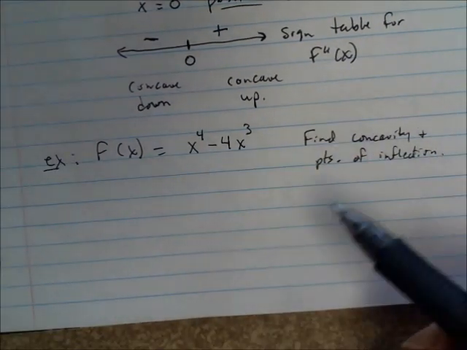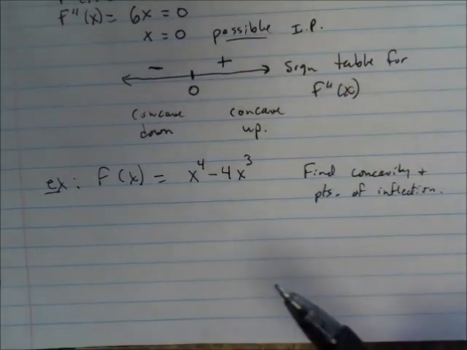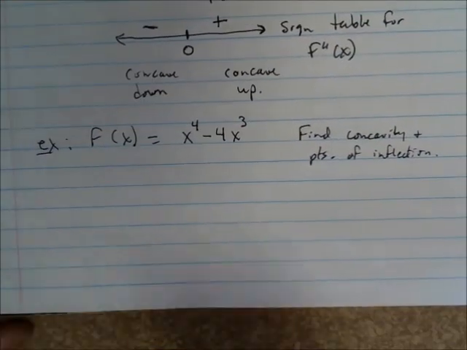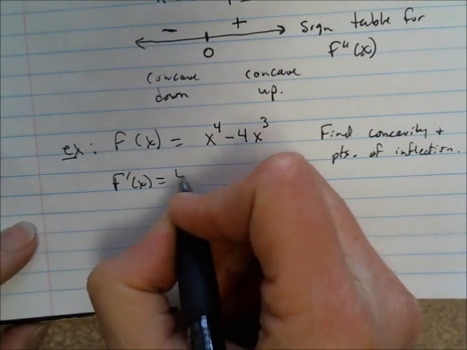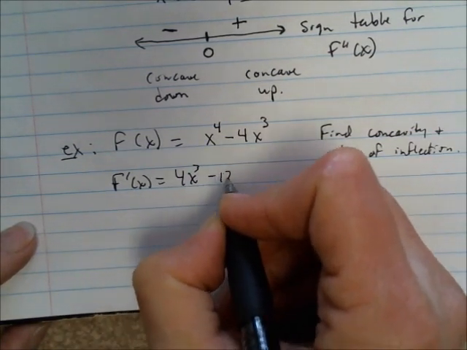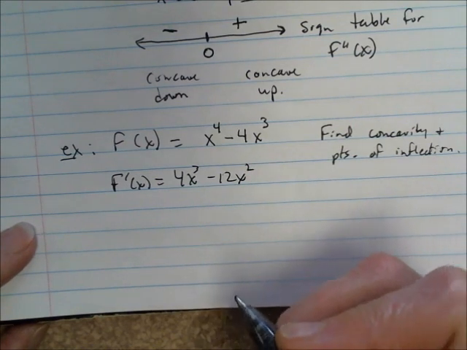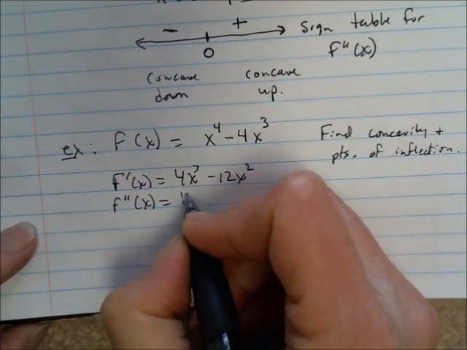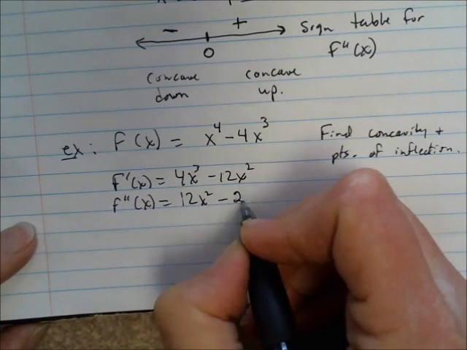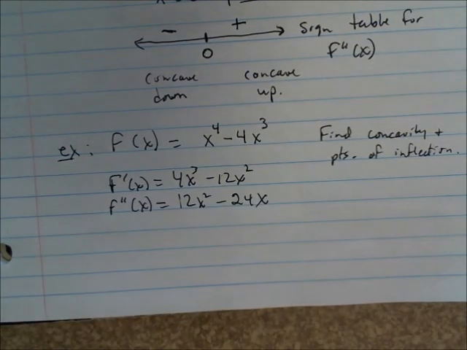You just go through the same process that we did for the x to the third graph. So the first derivative is 4x cubed minus 12x squared. And the second derivative is 12x squared minus 24x.